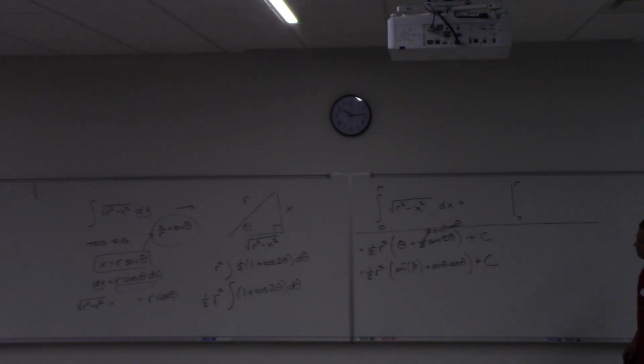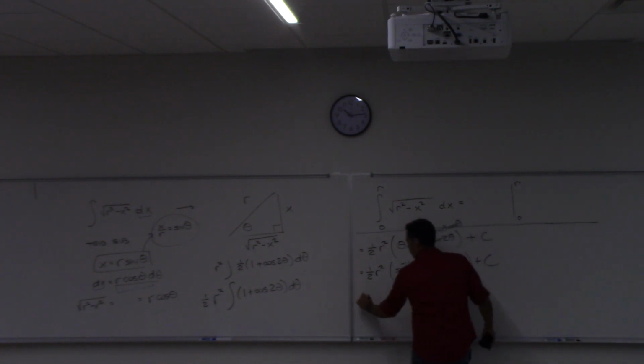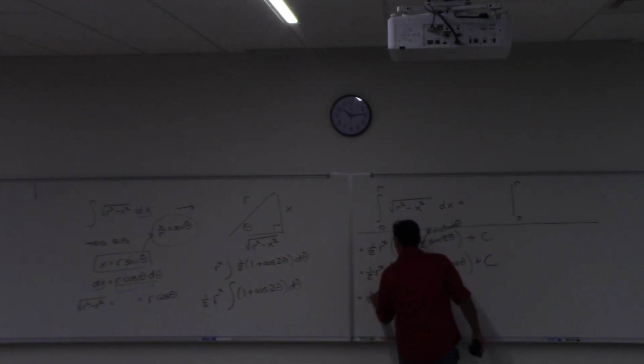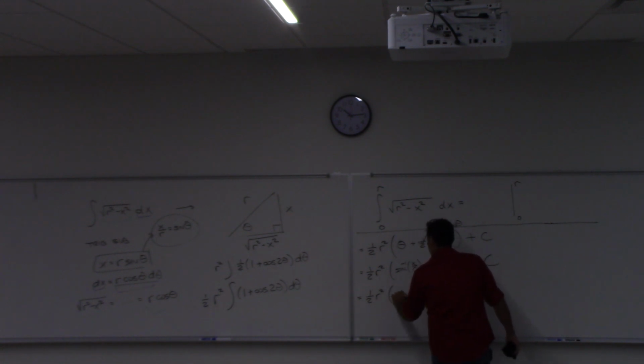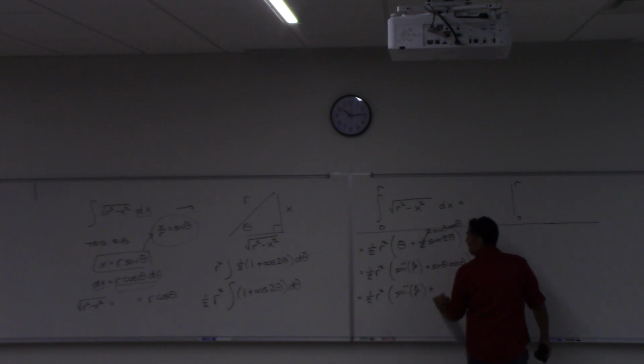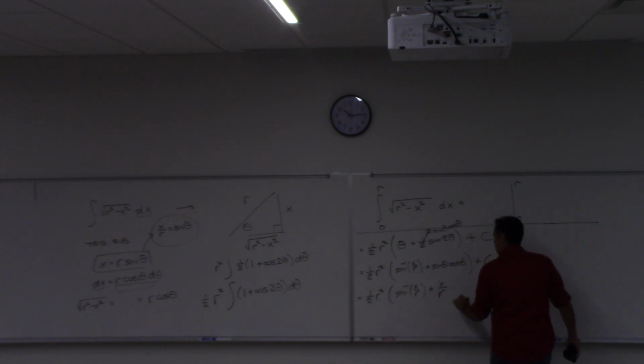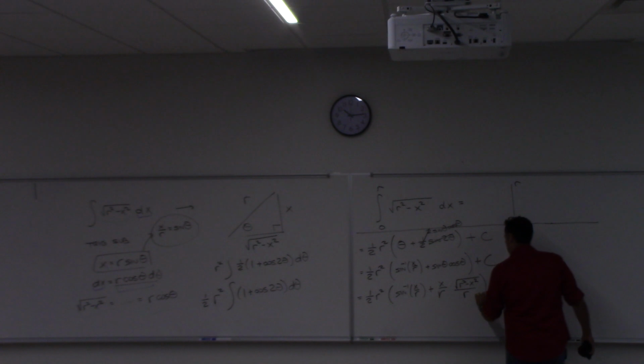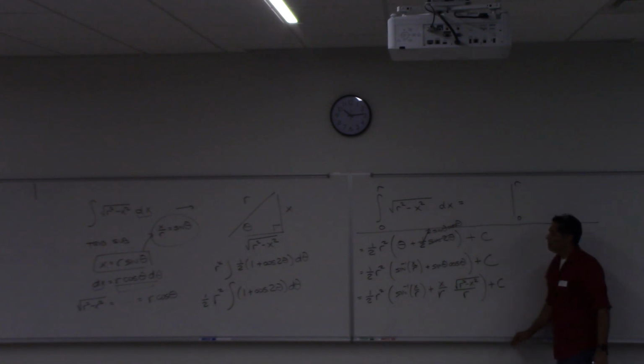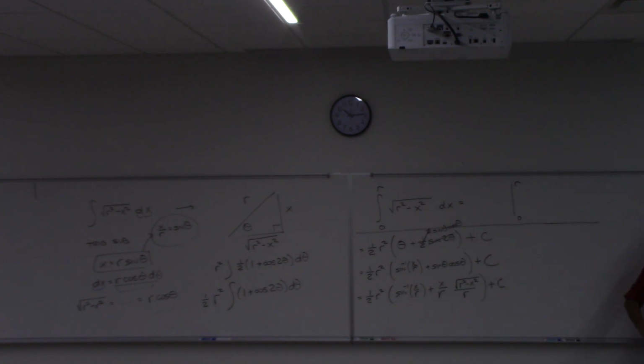We're almost there. 1/2 r squared, inverse sine of x over r plus sine theta, which is x over r, times cosine theta, which is square root of r squared minus x squared over r, plus c. That's the antiderivative, right?